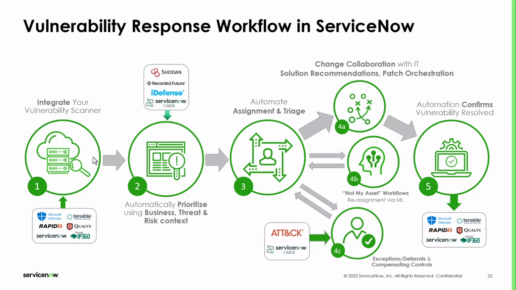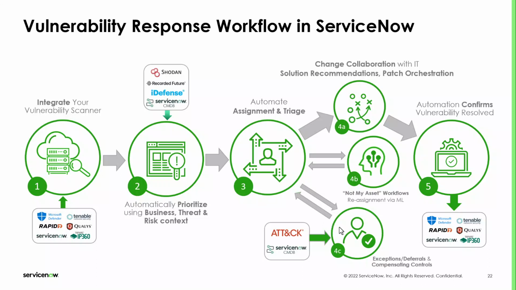We then correlate it with information such as business context from your CMDB or threat intel from paid subscriptions. And then we automatically prioritize those vulnerabilities based off business, threat, and risk context. Once we've prioritized the most pressing vulnerabilities on our network, the Now platform then automates the assignment of those vulnerabilities to the correct IT teams.